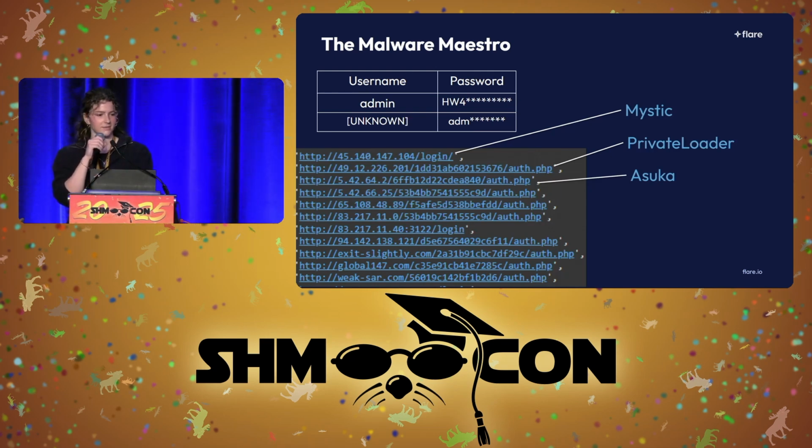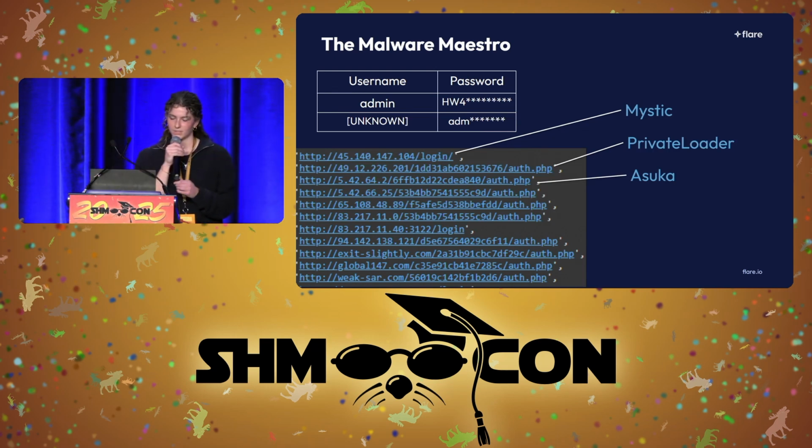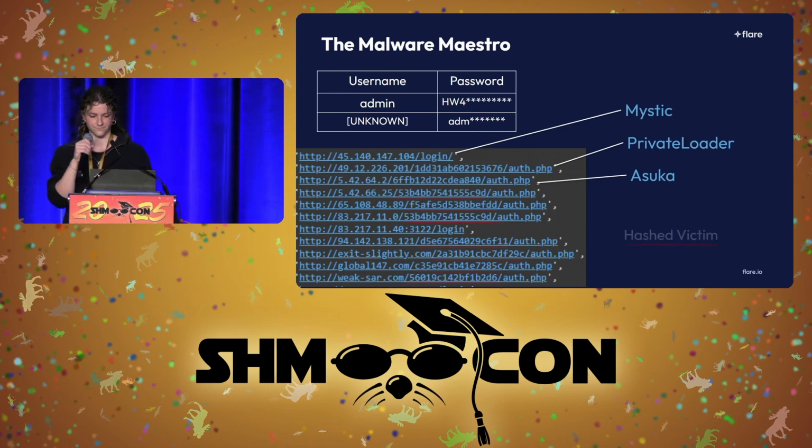As you can see, the remaining URLs follow quite a similar pattern. And this pattern is actually consistent with C2 operations, where you hash the victim's name or ID to maintain some kind of anonymity.